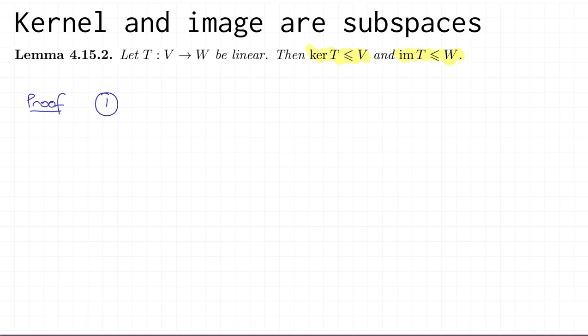So part 1, I've got to show that the kernel contains the 0 vector. Well, if you take T of the 0 vector in V, then you know that's the 0 vector in W by the result we proved on the first slide in this video.